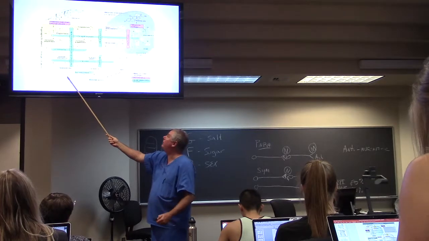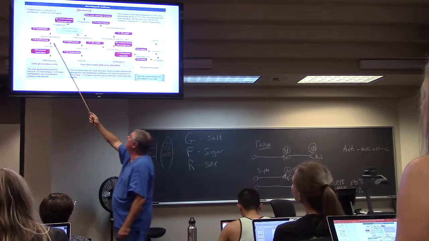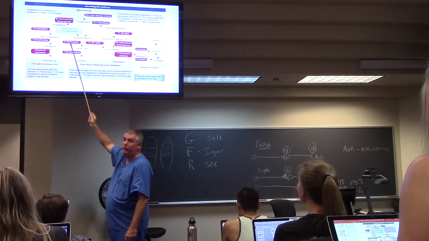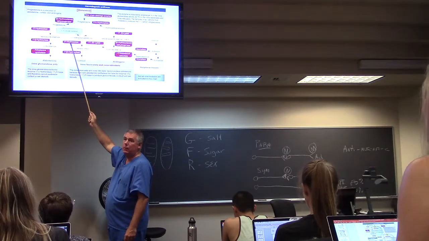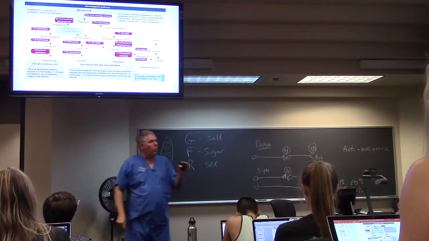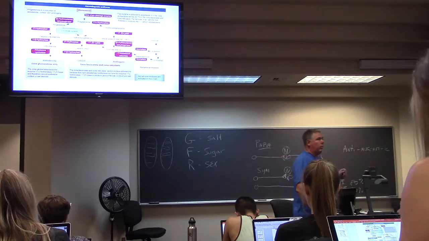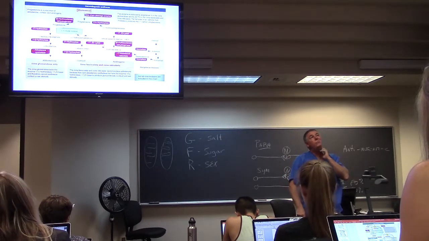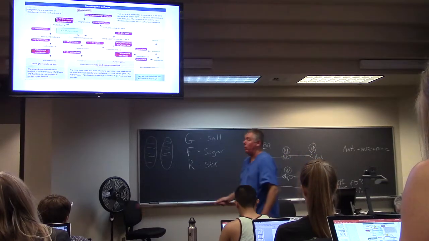If you go back to this right here, where's 21-hydroxylase? There it is there, and there it is there. So if you're not making 21-hydroxylase, what's going to happen? You're not going to have aldosterone.